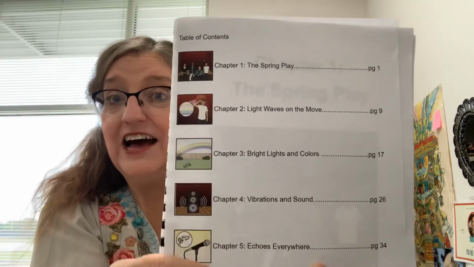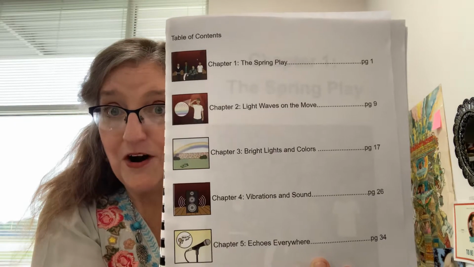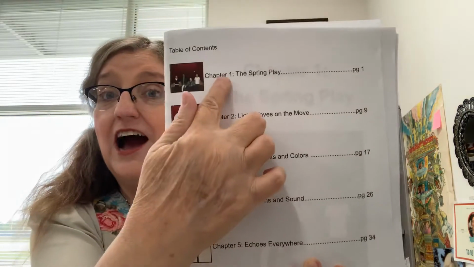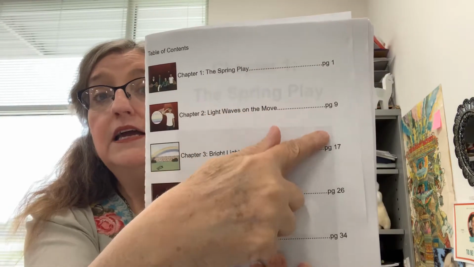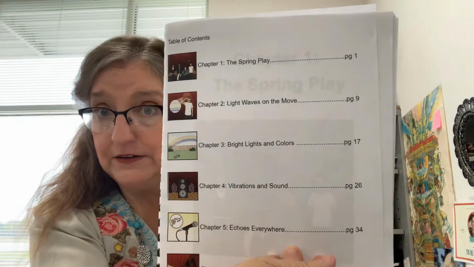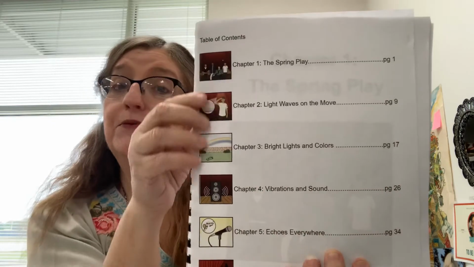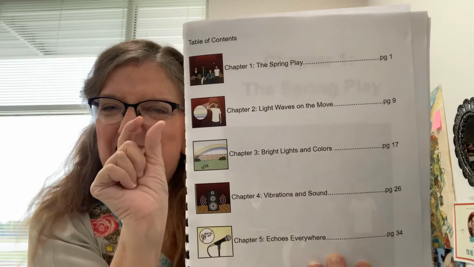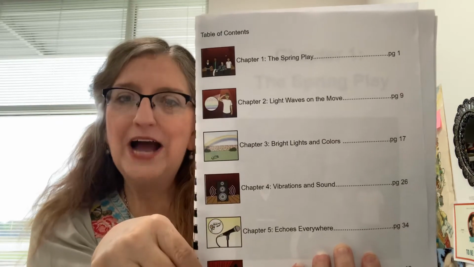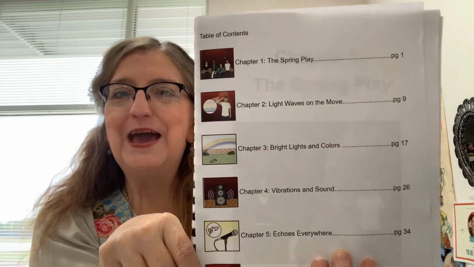It tells us how many chapters there are in the book, the title of each chapter, and where each chapter starts. And in our book, it also gives us a little picture as a hint to what each chapter will be about.